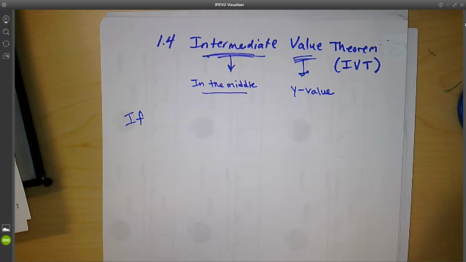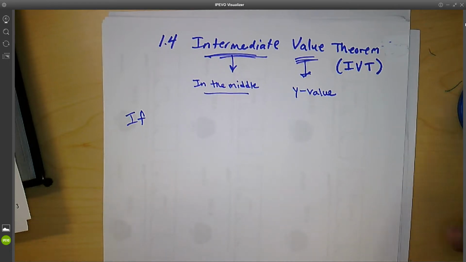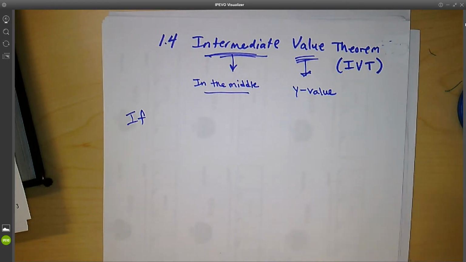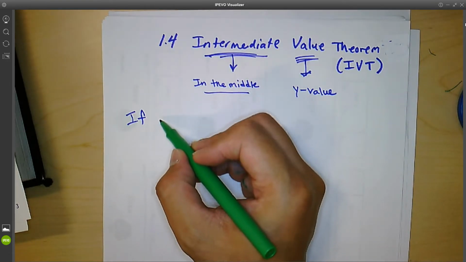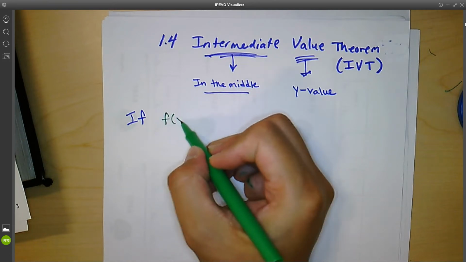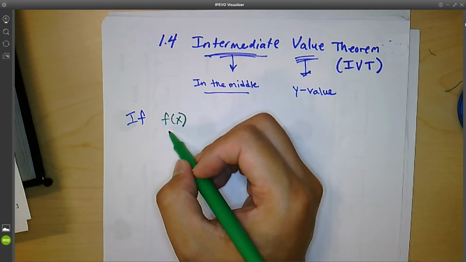The first if condition, what do you guys think the first if condition would be? Yeah. If it's continuous, that part is important. So we'll just number it. If, I guess I won't number it.